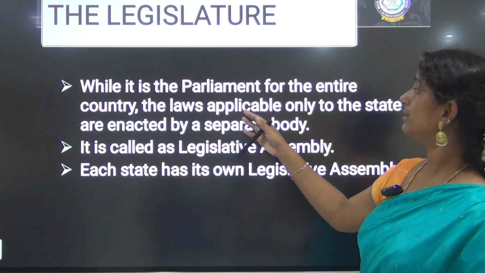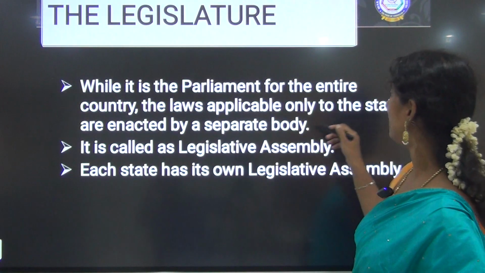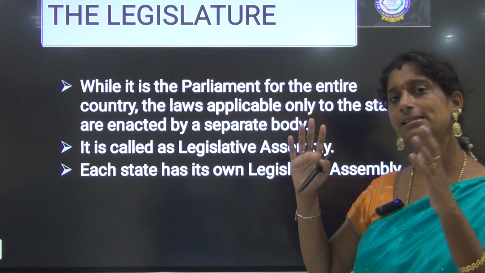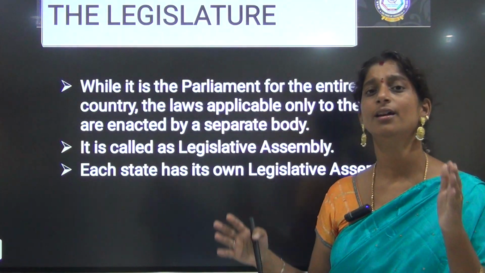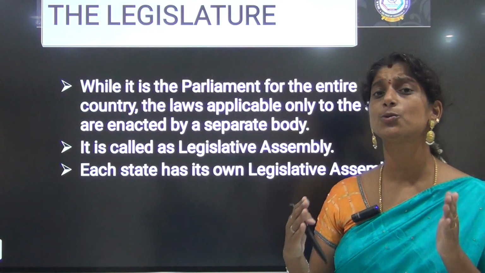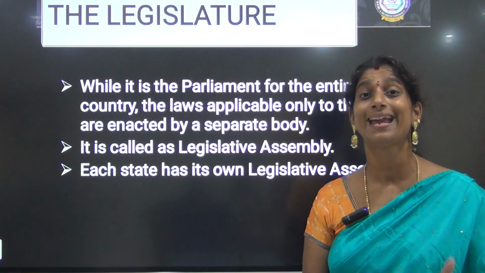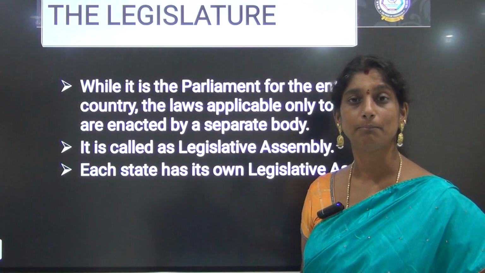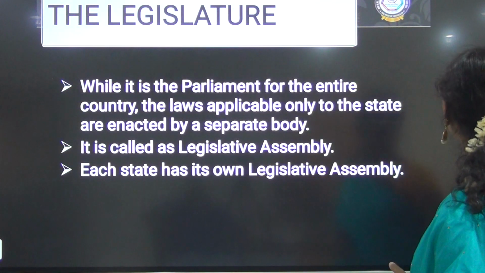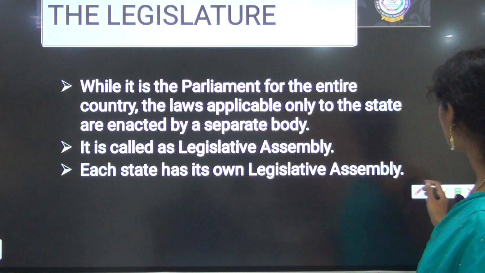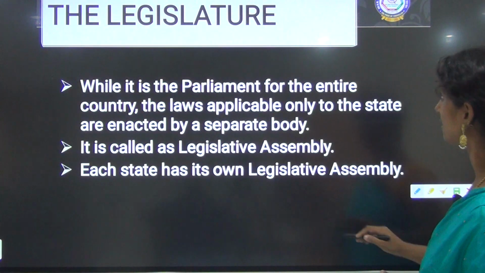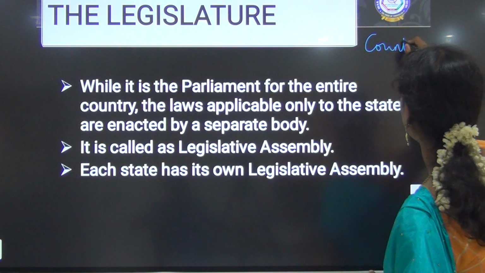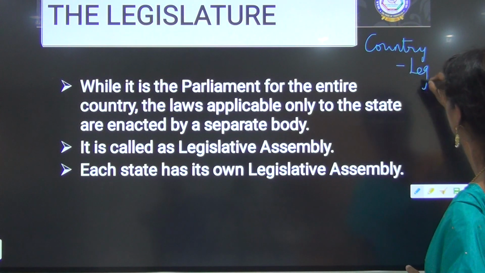While it is the parliament for the entire country, the same way the individual legislature for every state is there. That is called the legislative assembly. Clear? So when it is for the nation, it is legislature.